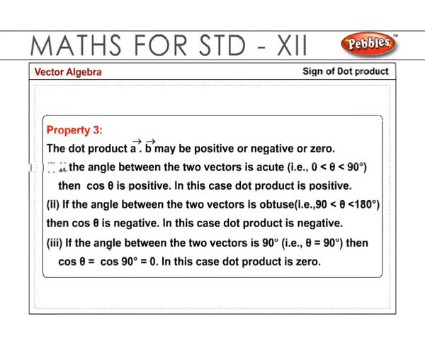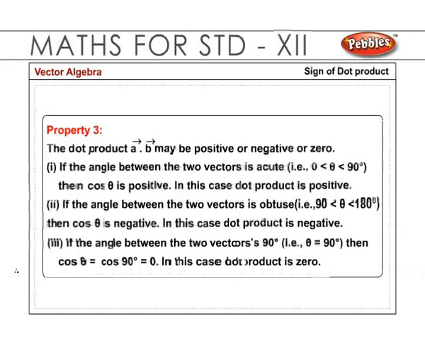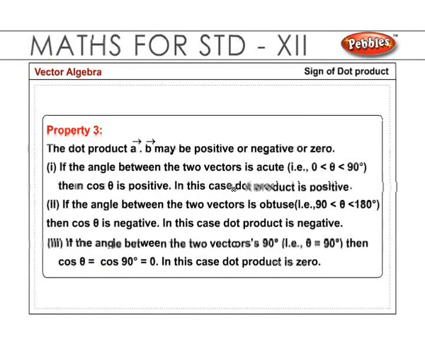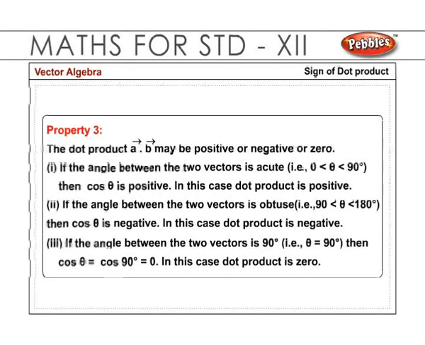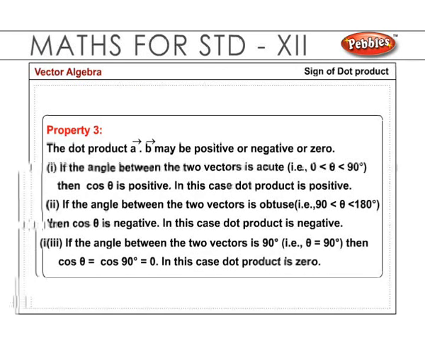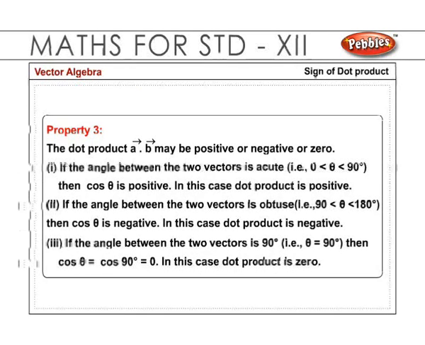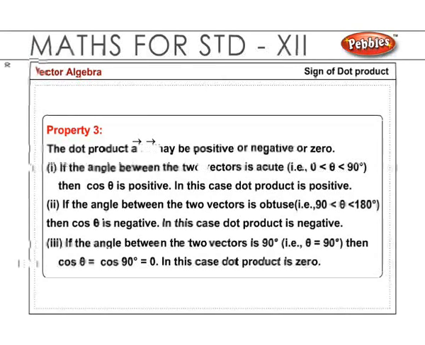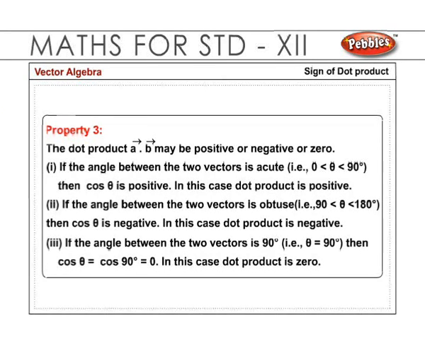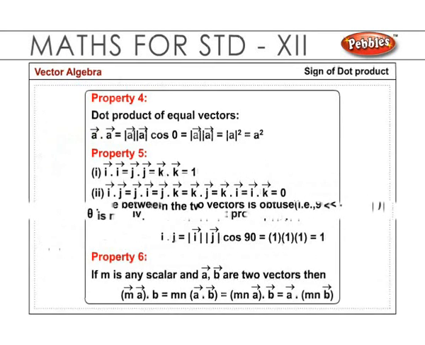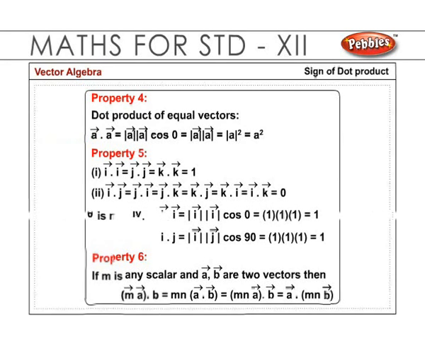If the angle between the two vectors is obtuse, that is, 90 < theta < 180 degrees, then cos theta is negative. In this case, dot product is negative. If the angle between the two vectors is 90 degrees, then cos theta is equal to cos 90 degrees, which is 0. In this case, dot product is 0. Properties 4, 5 and 6 are shown on the screen.